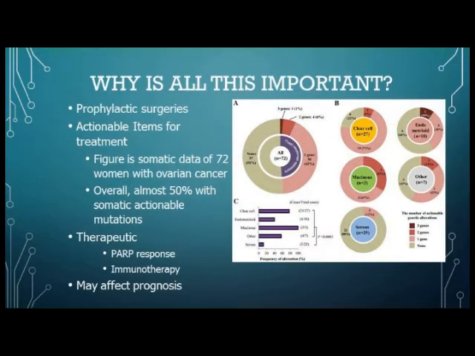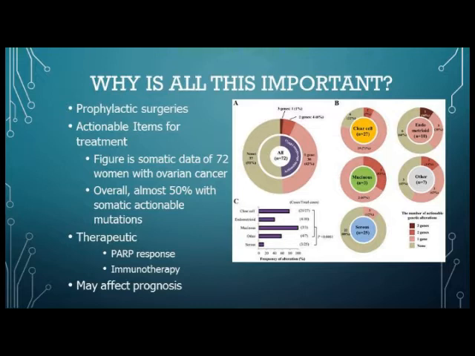So this is just my summary of why we care that they have all these germline mutations, or mutations at all. Well, because we can do something about it. We can do prophylactic surgeries. And there are also actual options for treatment if they do get cancer.